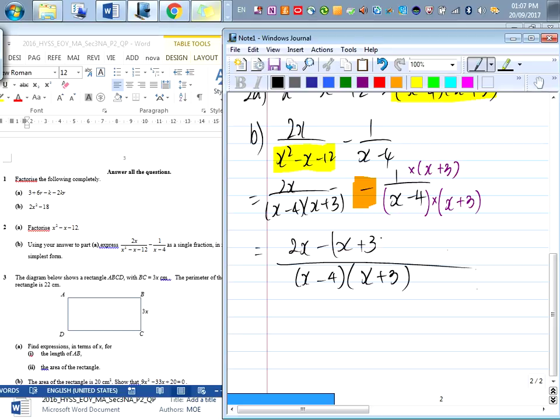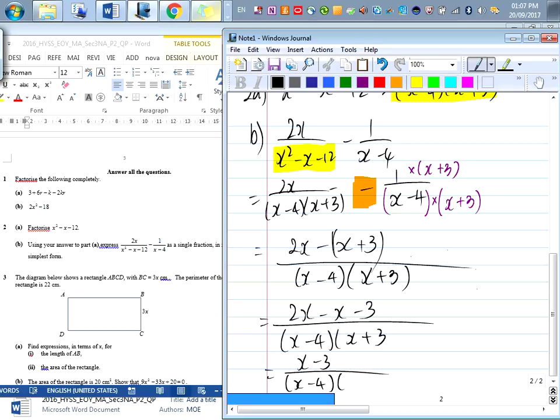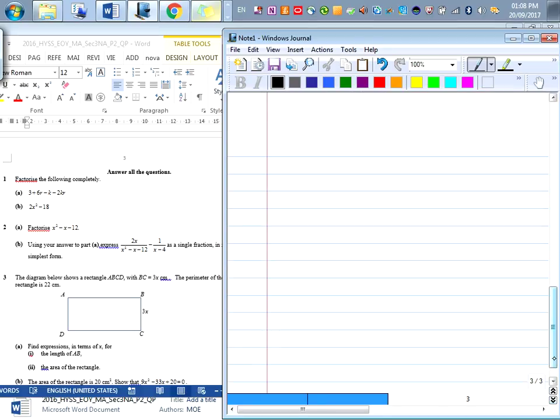But I just want you to have a good habit, drawing the bracket so that you won't be confused. So this gives me 2x minus 3 over x minus 4, x plus 3. And our final answer will be x minus 3 over... Any questions?